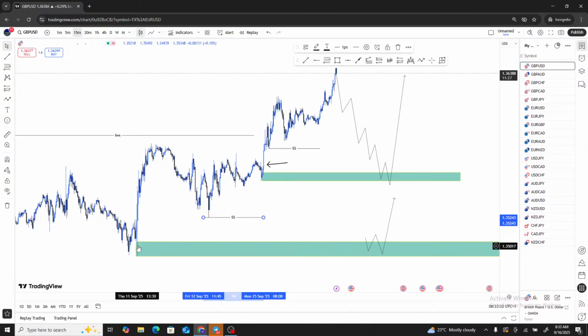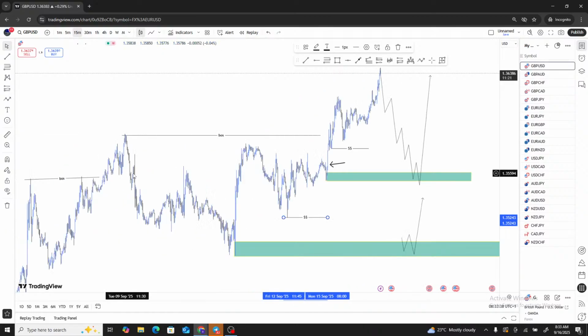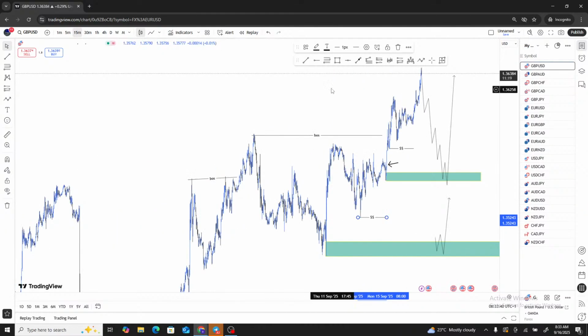And there is a hidden order block this week. It is a hidden order block. So if you check from here, there is even a break of structure right here, or some people call it change of character. Okay, this is a BOS as well.